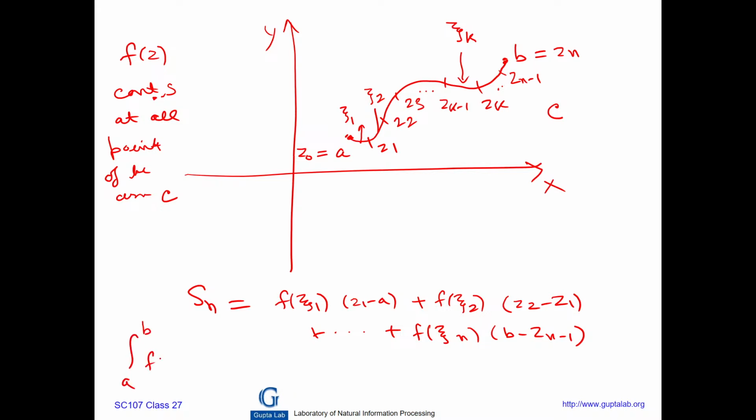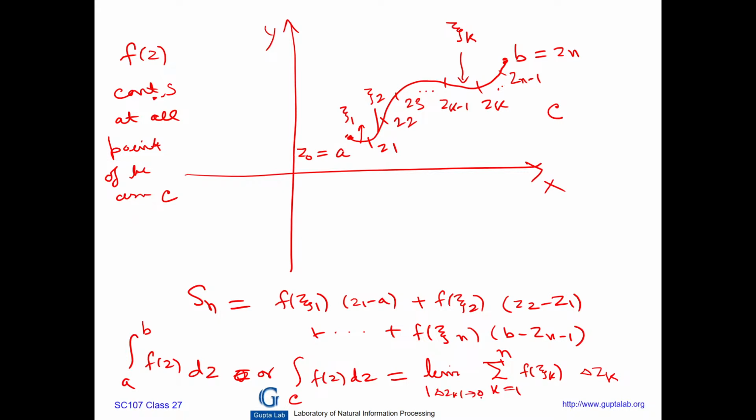the integral of f of z dz, or sometimes integration along curve C of f of z dz, as the limit of the summation of f of xi k times delta zk, k equal to 1 to n, where the largest length delta zk goes to 0. These delta z1, delta z2, and so on are the lengths of the subintervals, and there could be one which is largest.